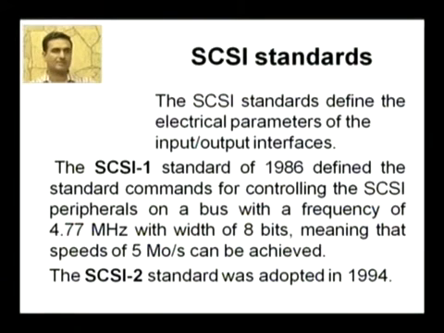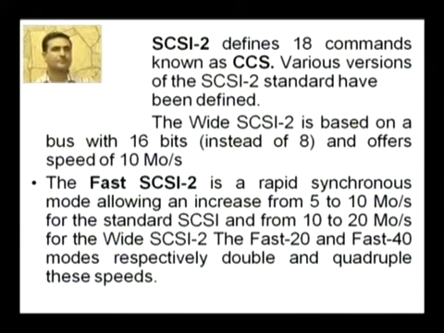The SCSI 2 standard was adopted in 1994. The SCSI 2 standard defines 18 commands known as the Common Command Set, CCS. 18 commands are there in the SCSI 2 standard.